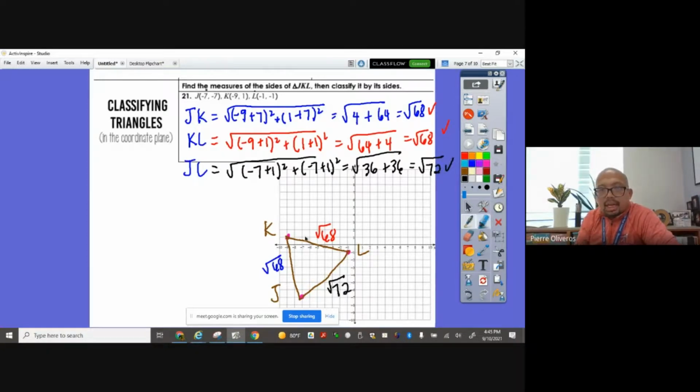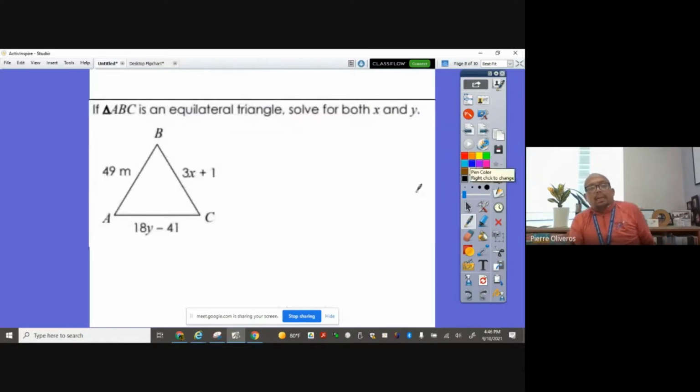But the idea is that we know that these sides are equal. So we have here an isosceles triangle because JK is equal to KL.